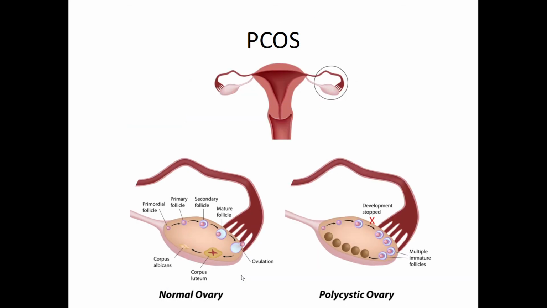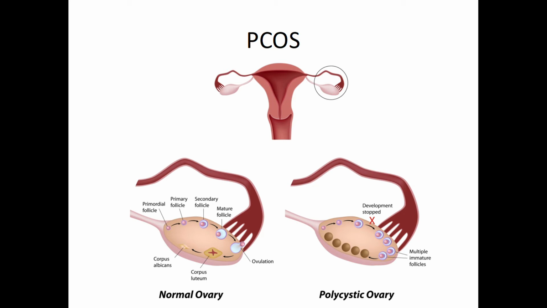Now, this process of ovulation can go wrong, and what we're looking at is PCOS, which is called polycystic ovarian syndrome. Polycystic comes from these lines of cysts where there are multiple immature follicles that are not ovulated, and they stick around as cysts and disrupt the hormonal balance.